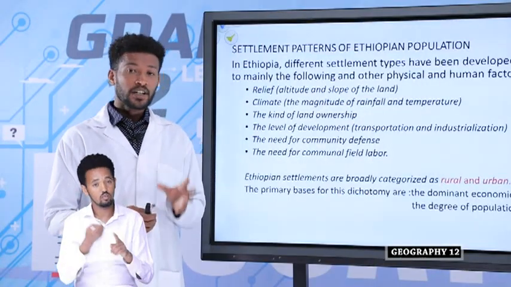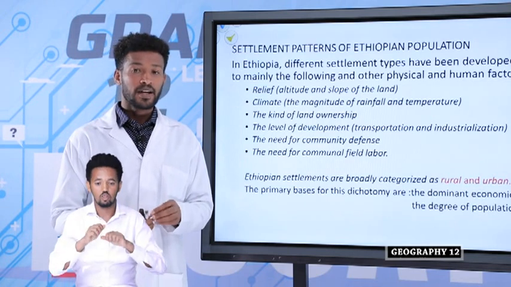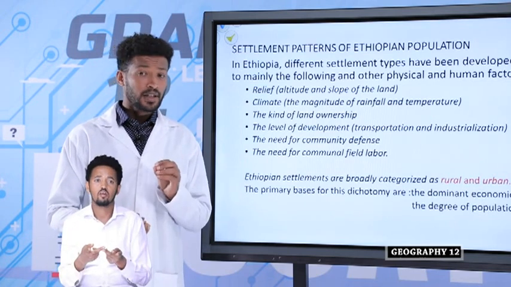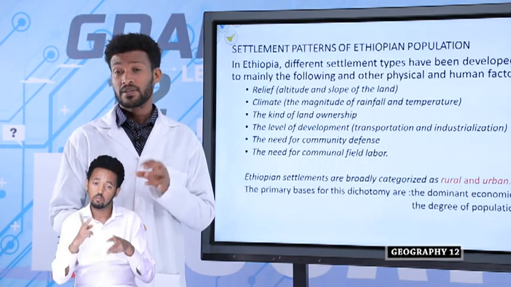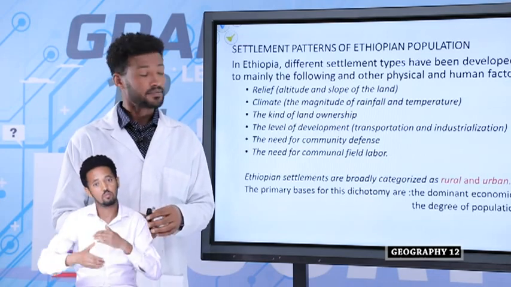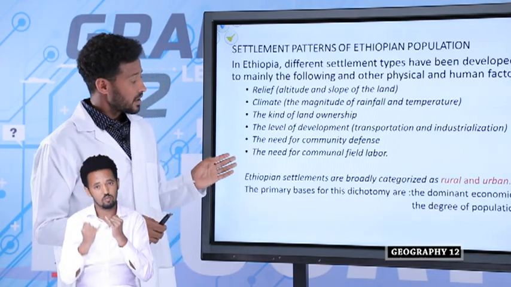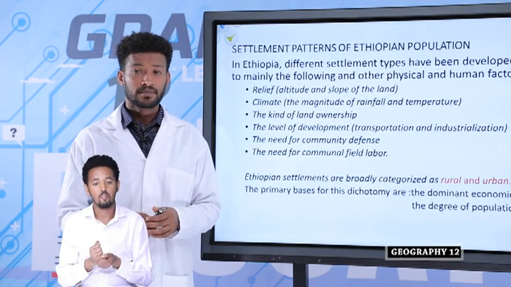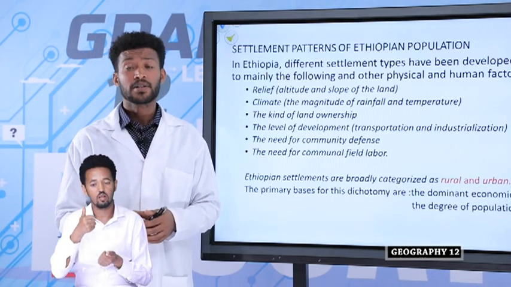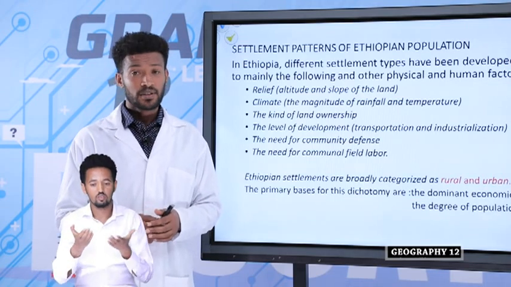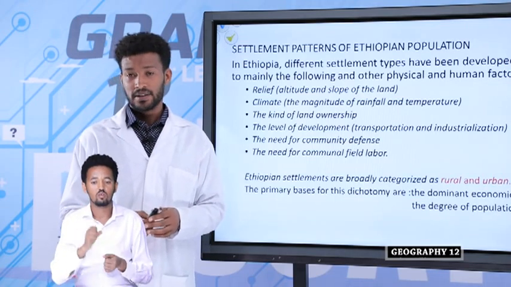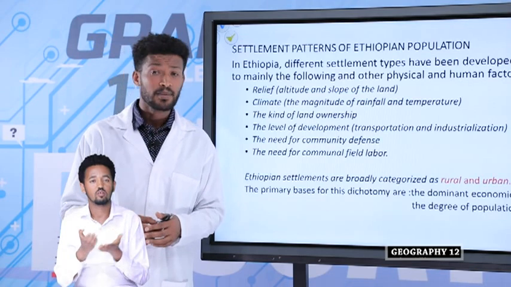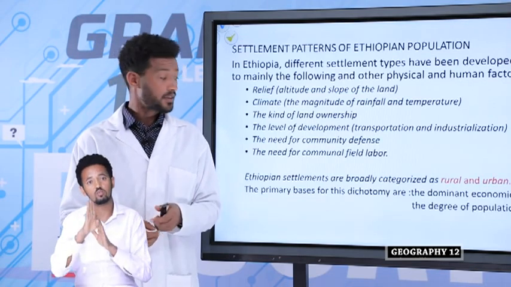Therefore, in suitable areas where there is a suitable defense site, people may settle densely. Finally, there is a need for a communal field of labor. If there is an area or field which needs a labor force, people want to stay in that area. Therefore, settlement may develop in those regions.